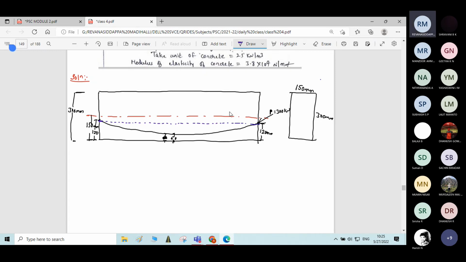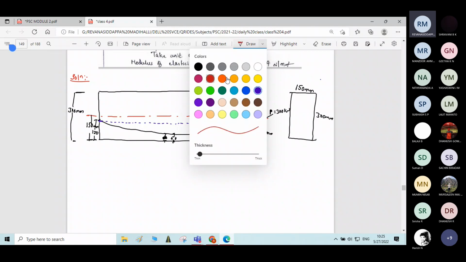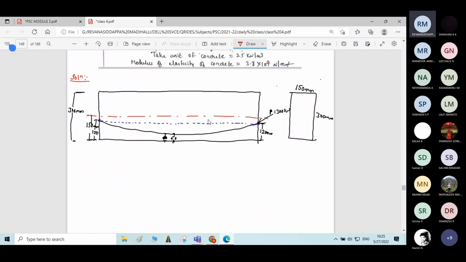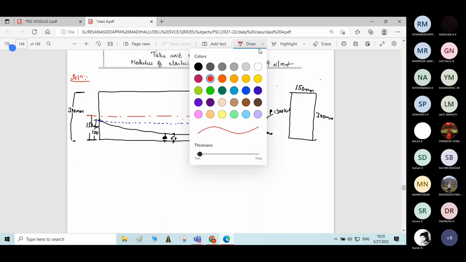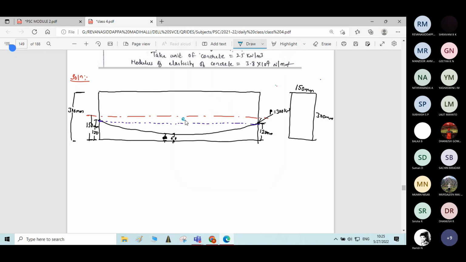Now I will take the eccentricity here as E1, and here the eccentricity as E2. Okay, this E1 is equal to how much?